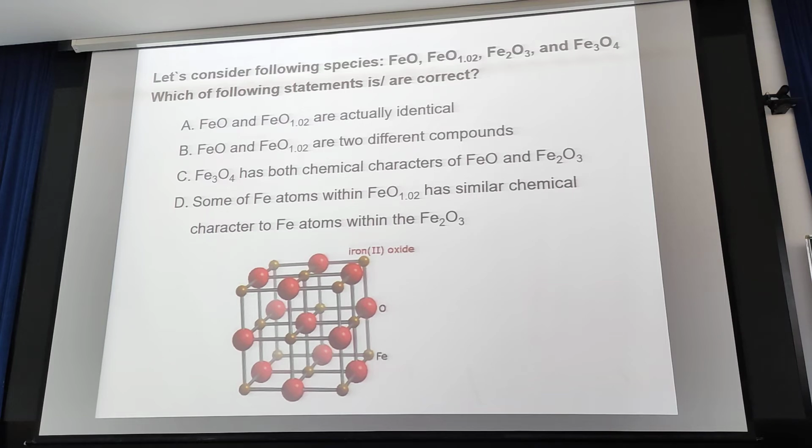The first one, correct or not? No. How are they different? By definition, if you decompose the FeO and the FeO1.02, they will not have the same ratio of mass. Okay. So they are not similar, right? Right.